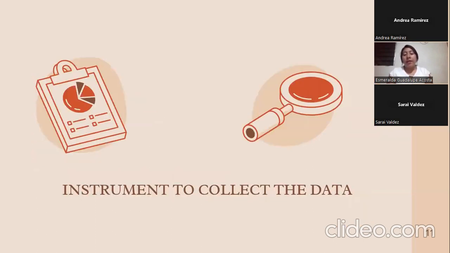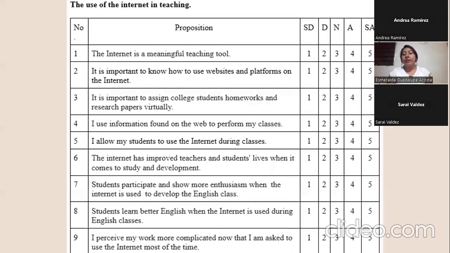Okay, here we have the instruments to collect the data. The next one, please. And well, here, as you can see, we have our Likert type instrument, and we have divided it into 30 items which teachers are going to answer according to their experience.